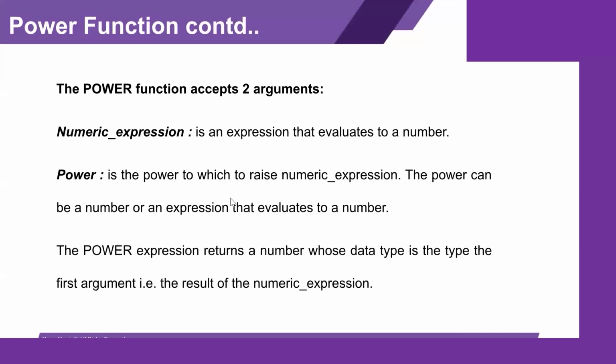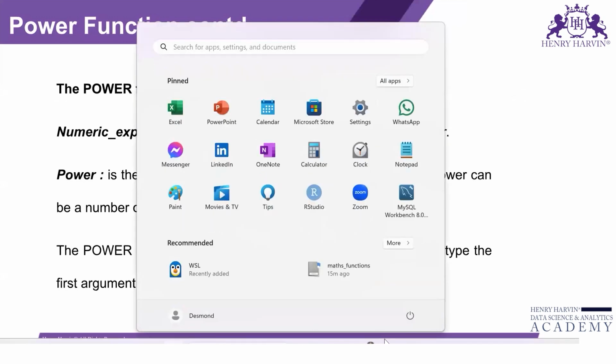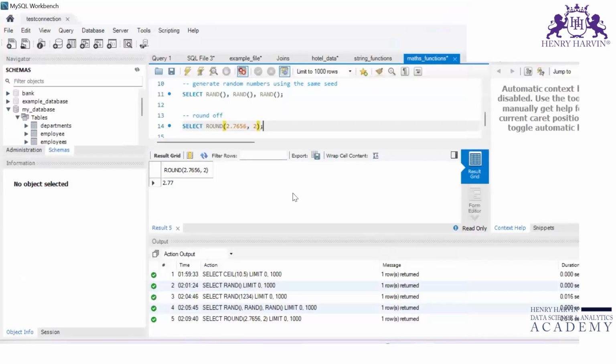In terms of the power, it returns that particular number raised to a given value. So let's say you want to look at how we can raise a given number to a power. We can use the power function.